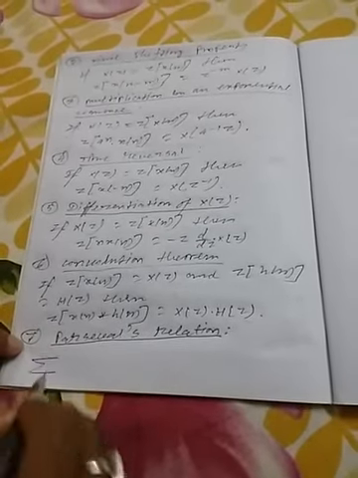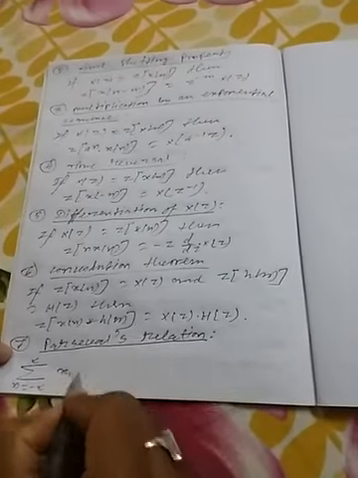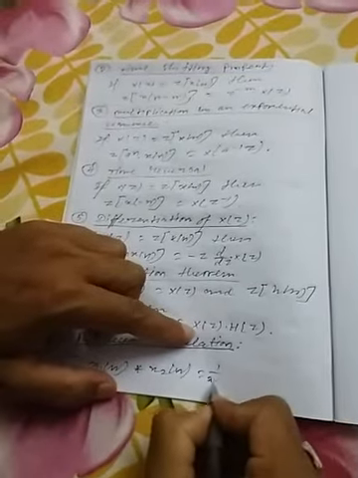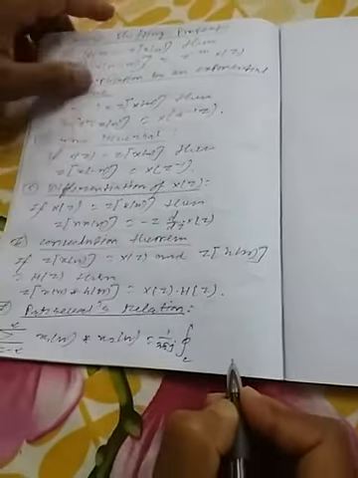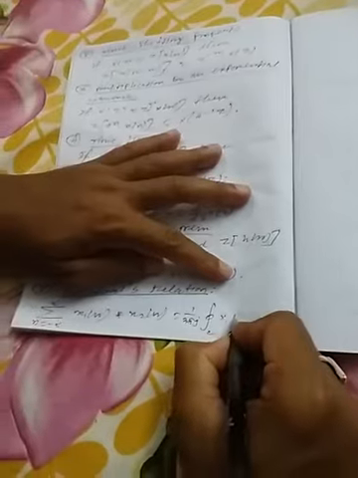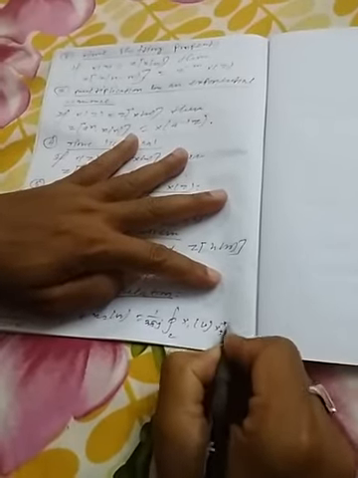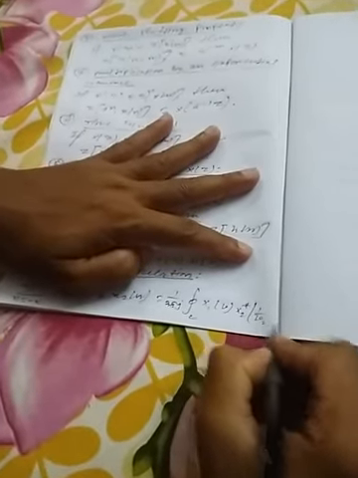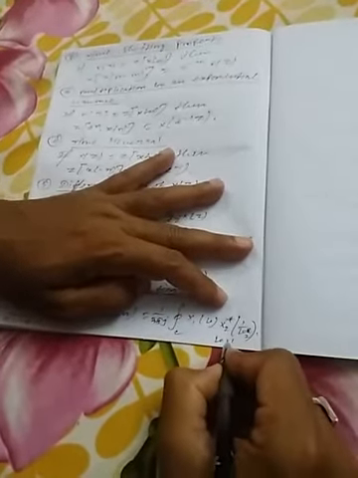Parseval's relation is the summation of n equal to minus infinity to infinity of x1(n) x2(n), which is equal to 1 by 2 pi j, contour integration of X1(v) times the complex conjugate X2 asterisk of 1 by v asterisk, into v inverse dv.